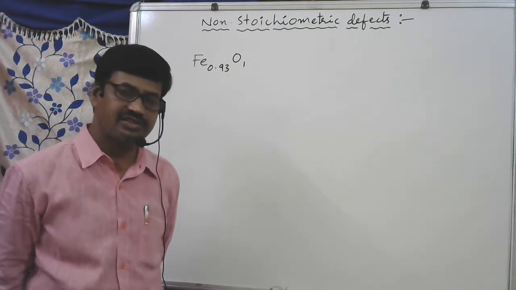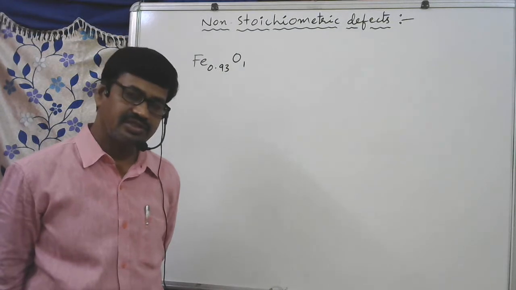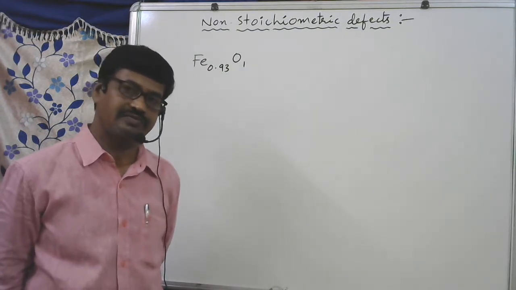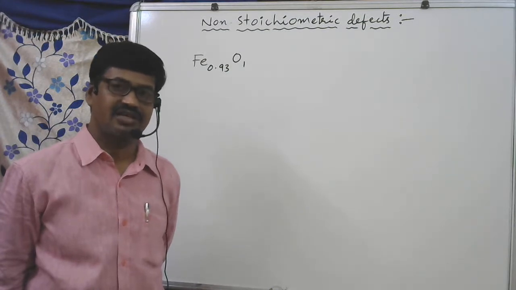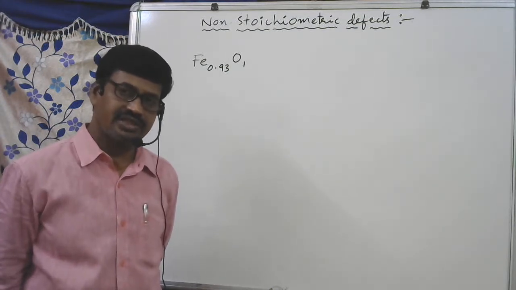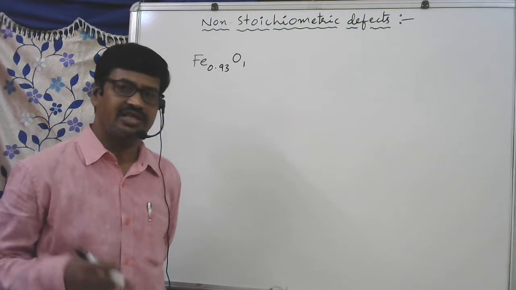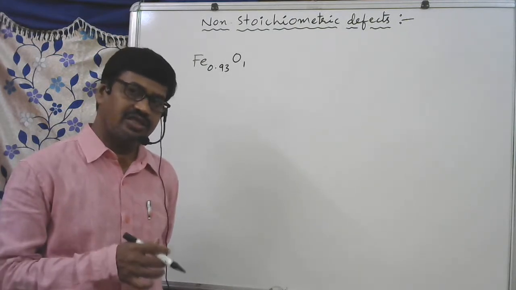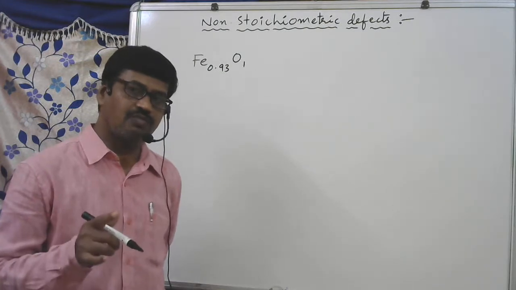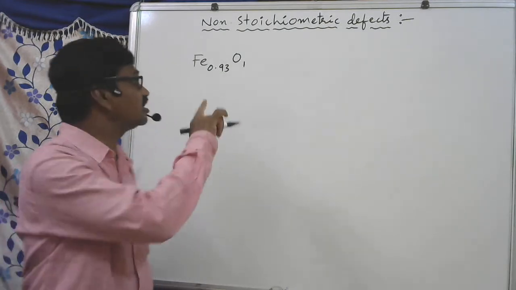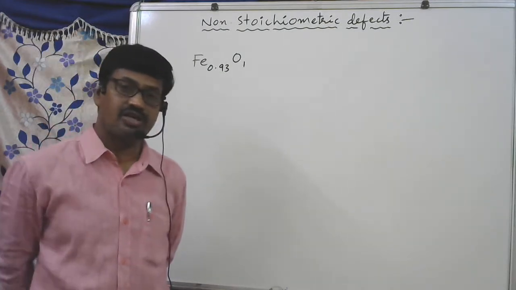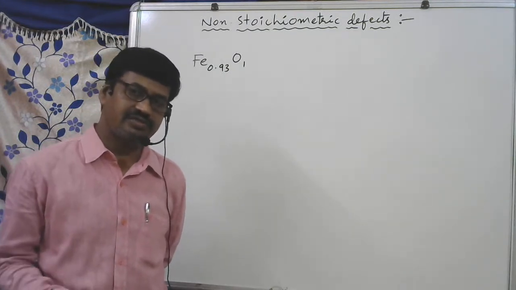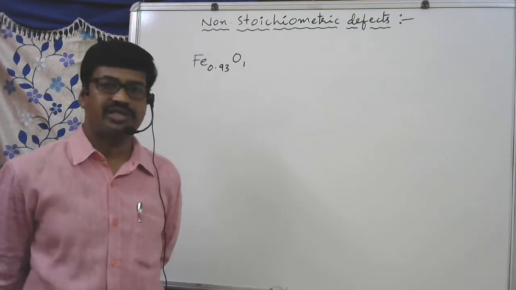Due to defect in the sense by missing either cation or anion or both from the crystal lattice or crystal solid in any way by heating or any other disturbance. So due to this, if stoichiometry of the compound is disturbed, it is a non-stoichiometric defect. If stoichiometry is not disturbed, that is a stoichiometric defect.